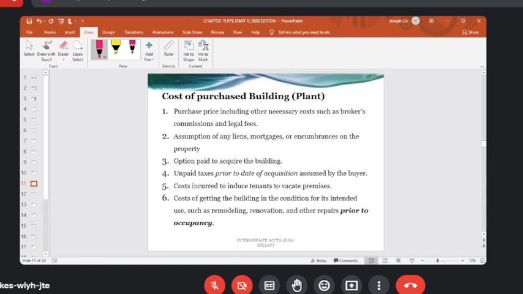Ang advice ko is, i-analyze mo lang siya, kasi hindi nyo siya ma-memorize. Kaya pag-aralan po.